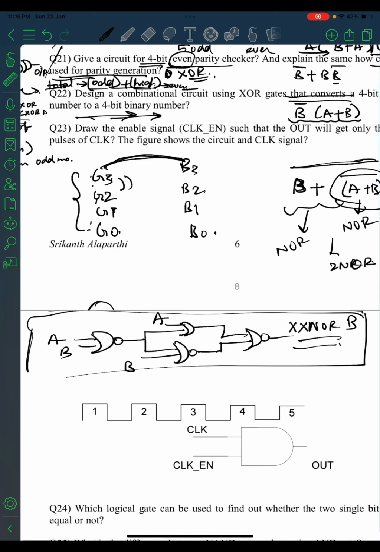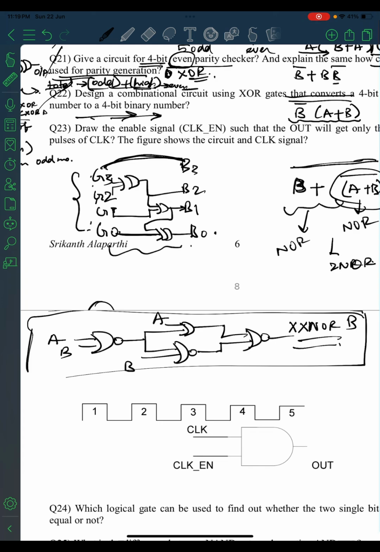The XOR of these two will become bit 2, the XOR of this one and this one, that is bit 2, will become bit 1, and the XOR of this one and this one becomes bit 0. It is briefly discussed in the previous video, so check that one for how I got this. If you want to reverse it, it is a similar approach. This is gray to binary conversion, and that is binary to gray conversion. Very simple one.